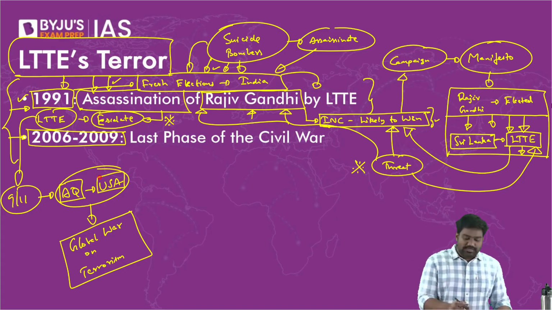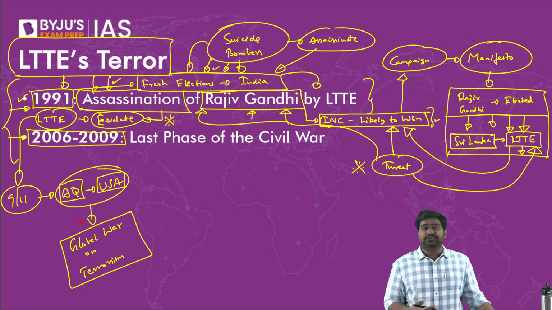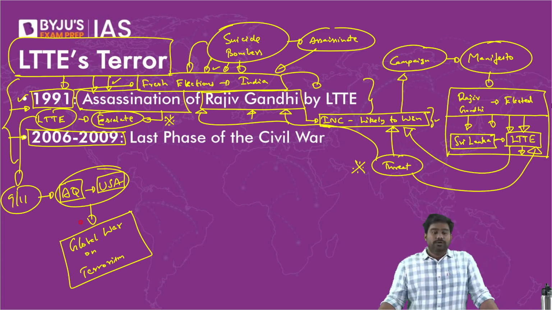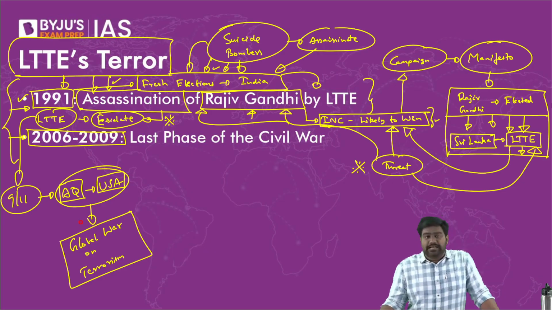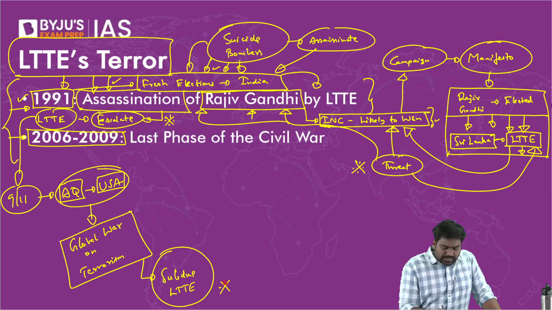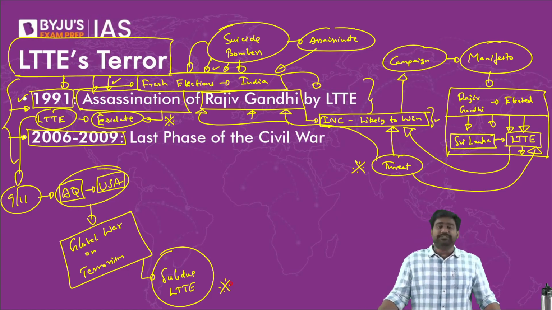They were working with the US to target global terror networks, as well as money laundering channels and criminal networks. So this global pressure on terrorist outfits after the 9/11 attacks did subdue the LTTE. It did have an impact on the LTTE as well with regard to mobilizing funds and weapons.